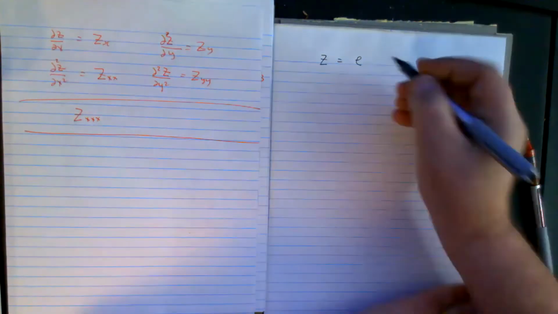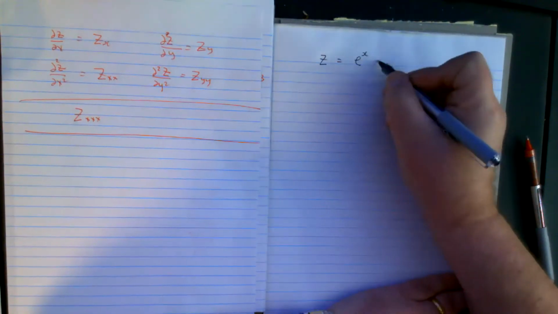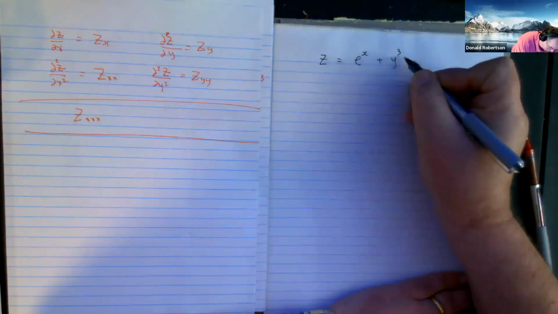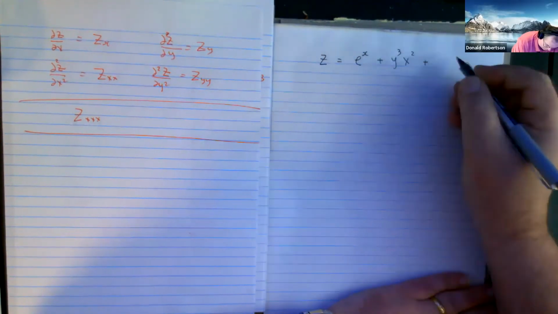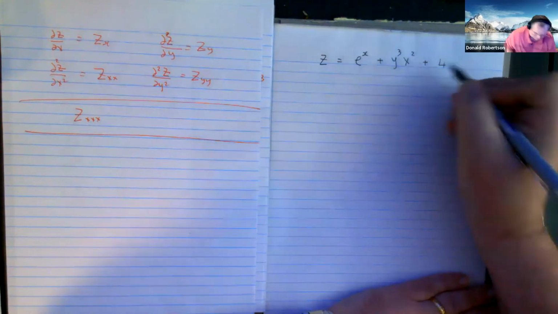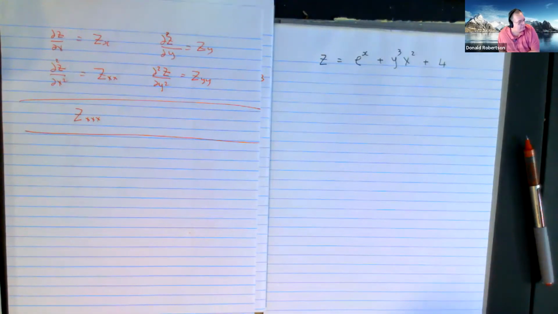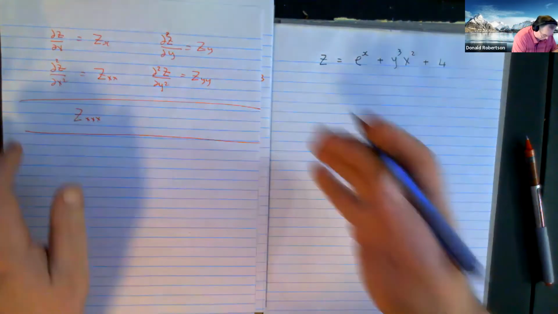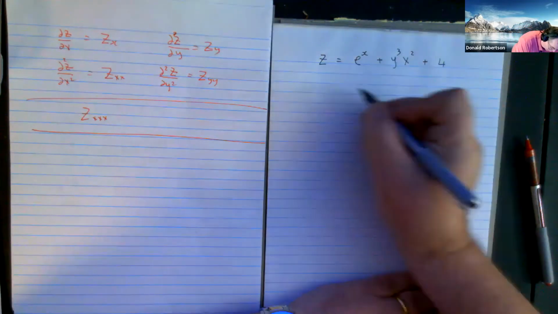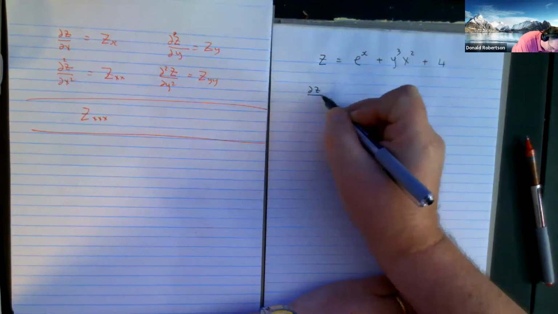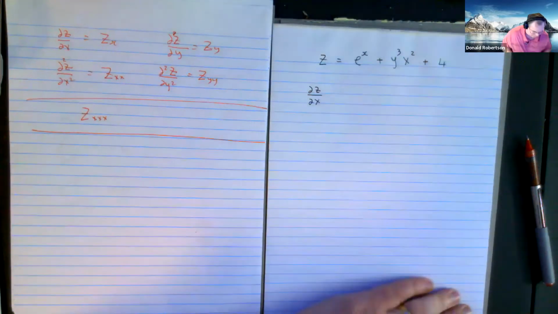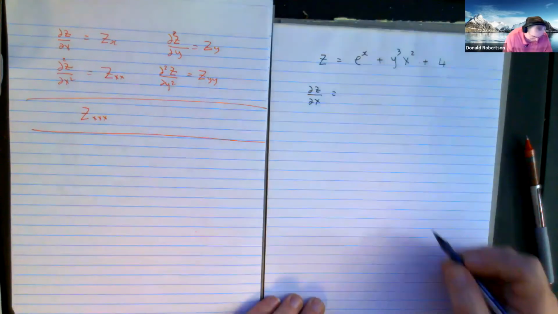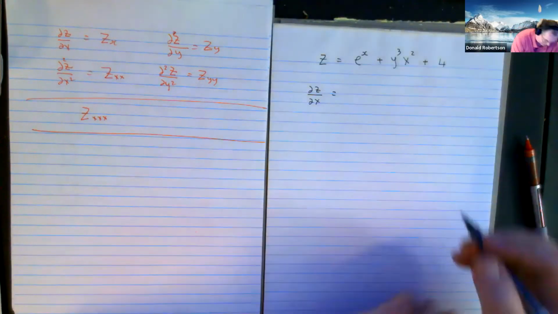Suppose I have e to the x plus y cubed x squared plus 4. Right? I'm going to start with nothing really surprising. I'm going to differentiate this thing with respect to x.